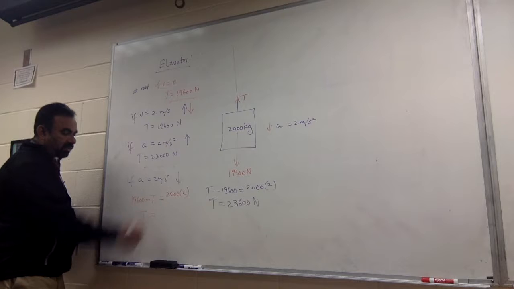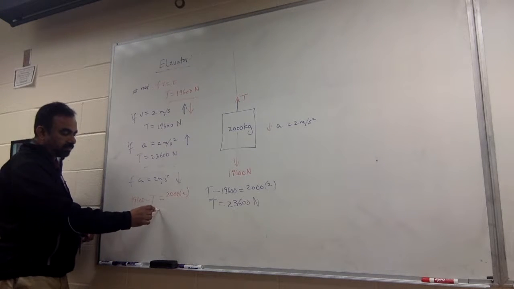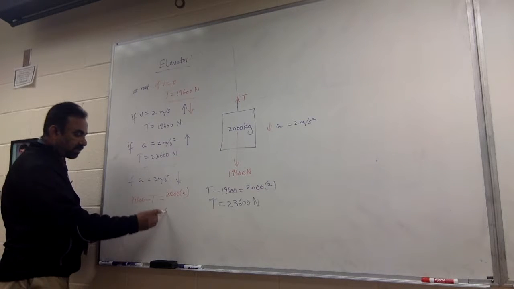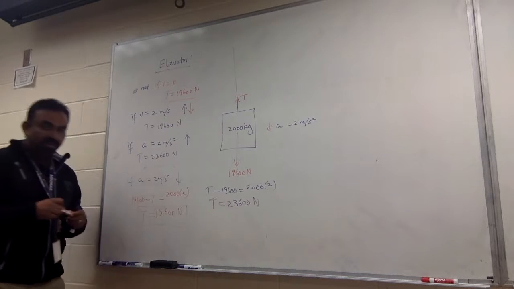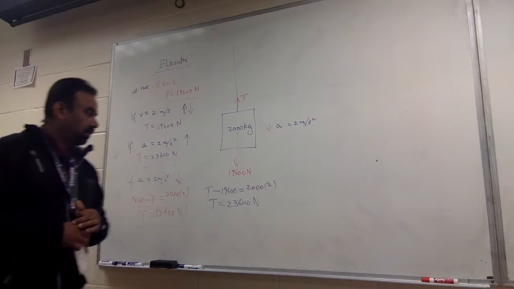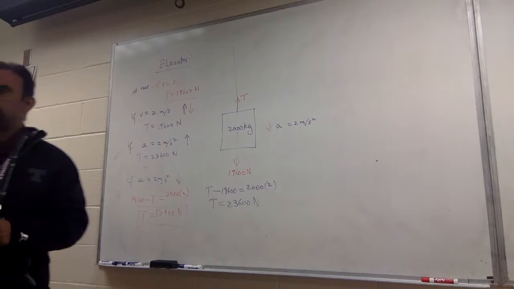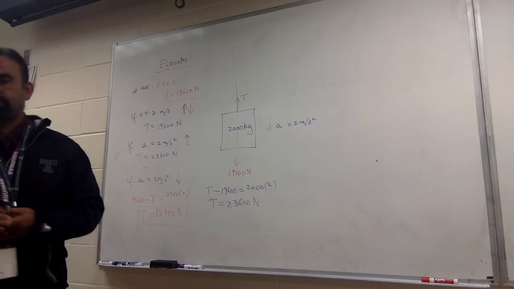So tension is equal to how much? 15,600 newtons. That means if the elevator is on its way down with an acceleration, the tension is actually lower than the weight of the elevator itself.